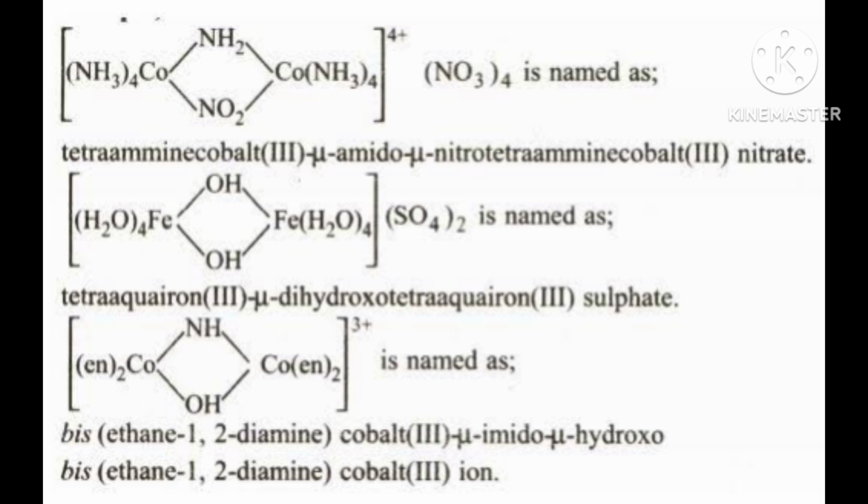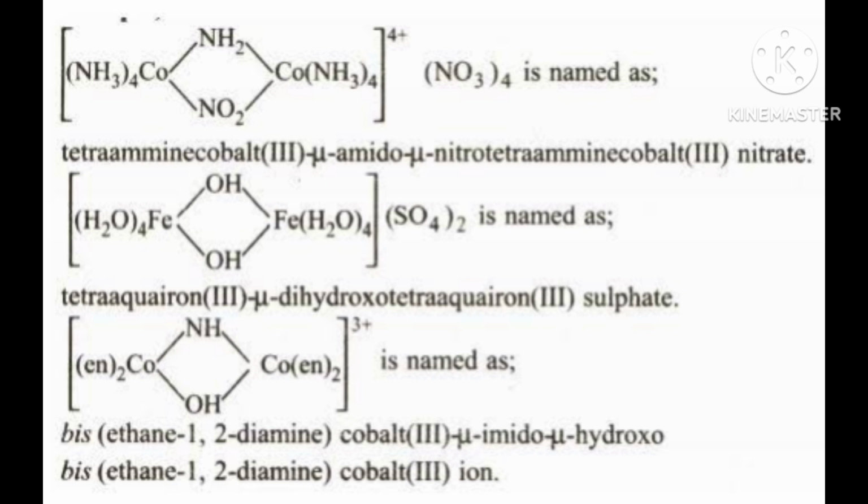For example, NiCl2(PPh3)2. Actually, the central metal is nickel. 2 chlorine is attached, Cl2.